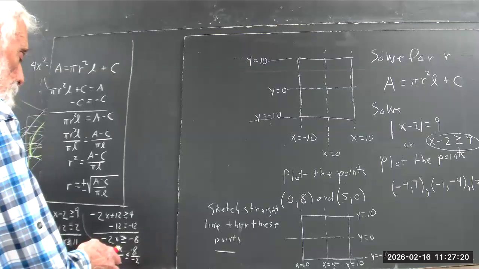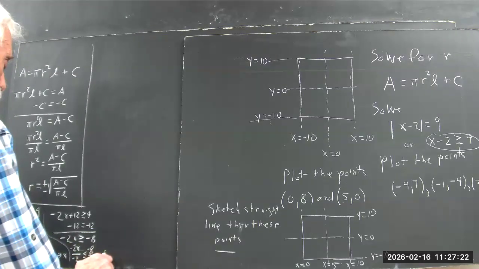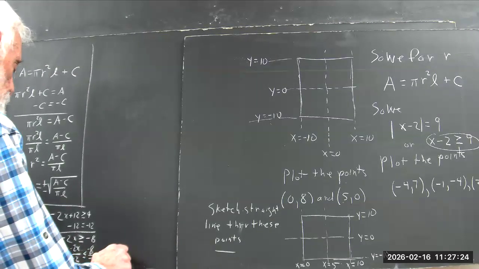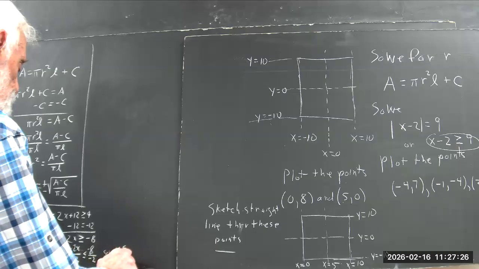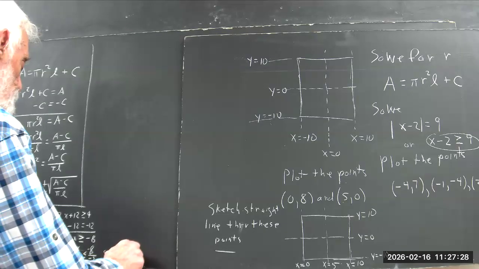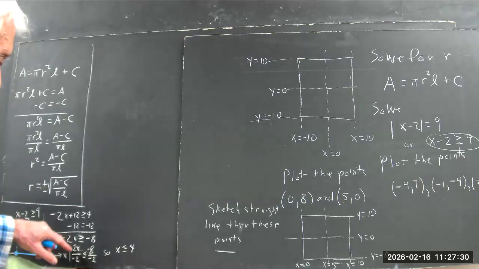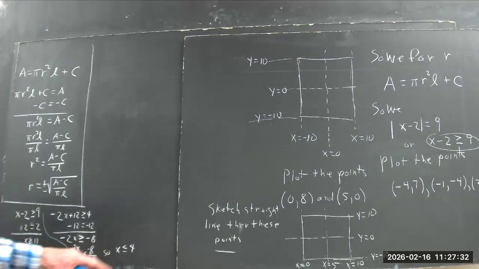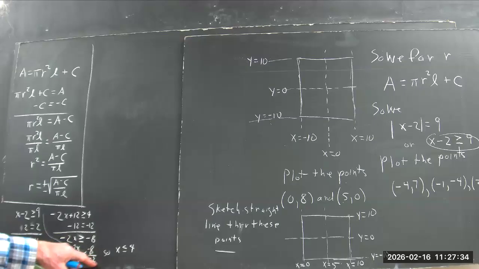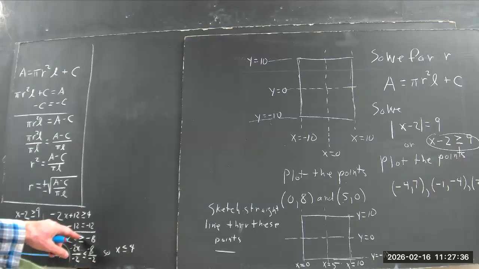The result being x is less than or equal to 4. Dividing negative 2x by negative 2 gives us x. Dividing negative 8 by negative 2 gives us 4. And we've reversed the inequality.